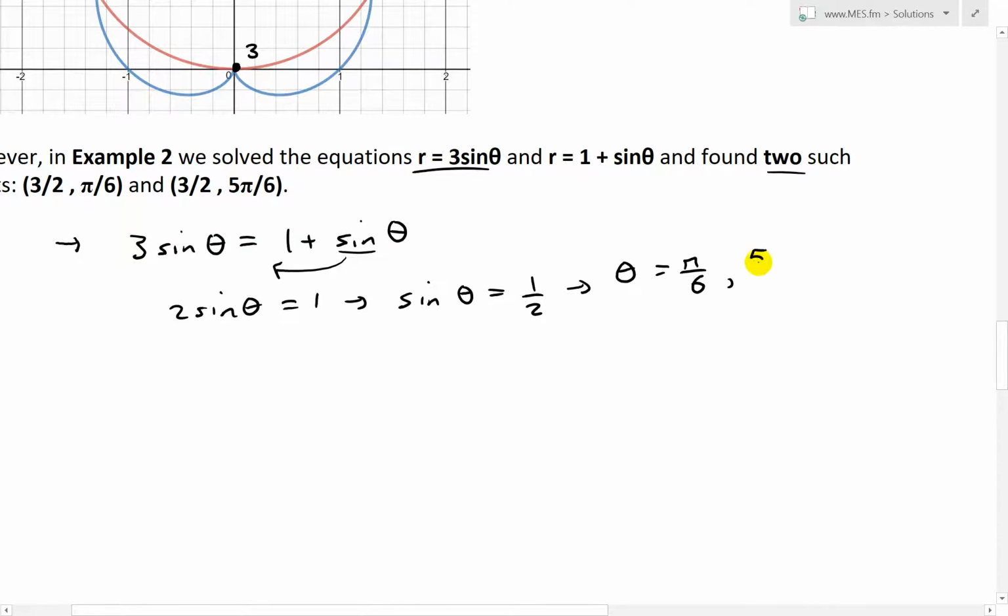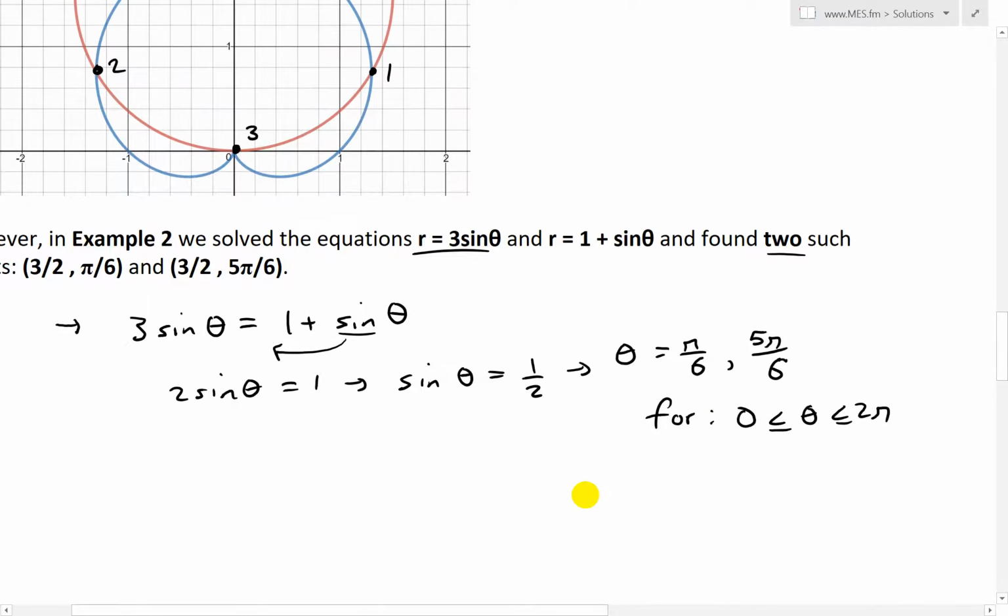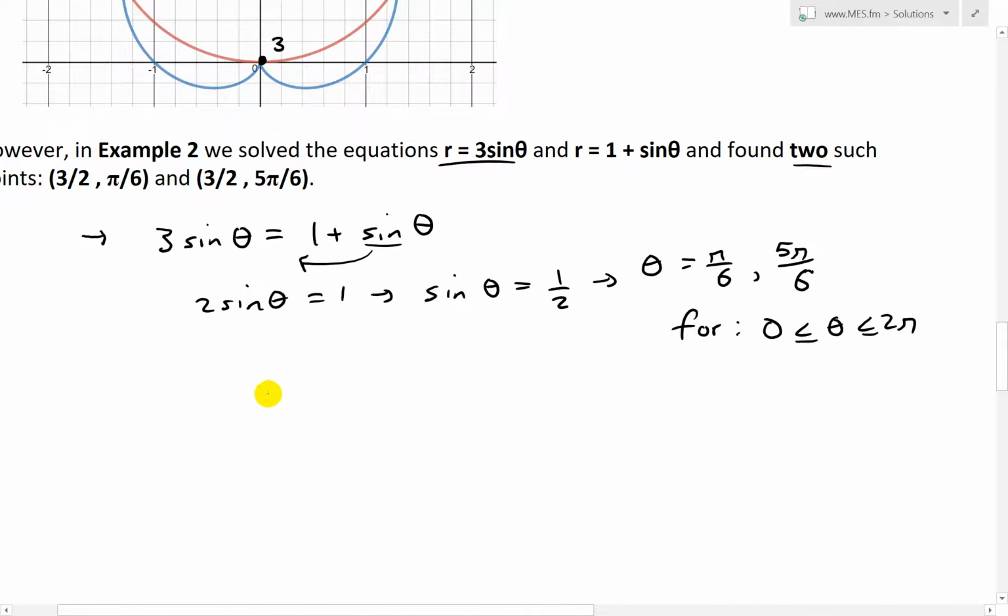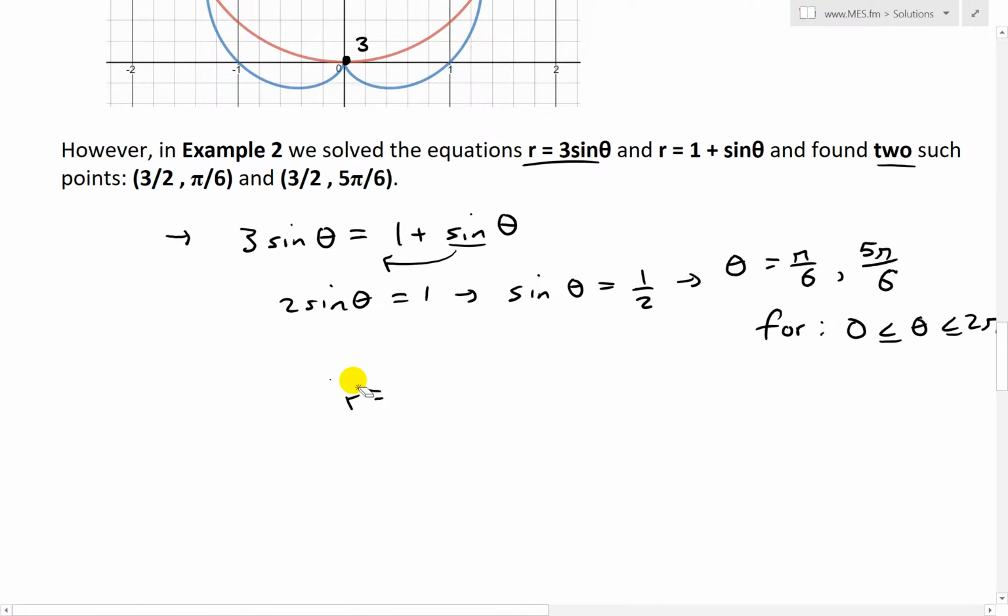This is for theta between 0 and 2 pi. And to get this 3 over 2, I didn't do that before, but you could easily plug that in. r equals 3 sine pi over 6, or 3 sine 5 pi over 6, is the same as 3 times 1/2, which equals 3 over 2.